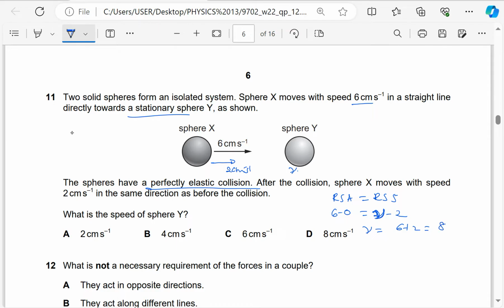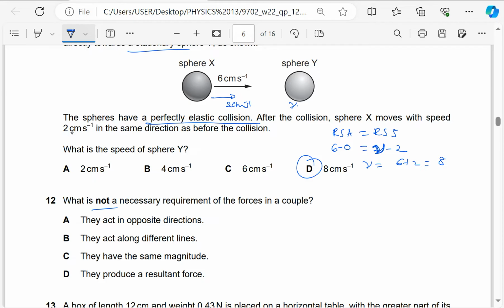I can't say 2 minus V, because when I say 2 minus V, yet sphere Y is in front of sphere X, it would mean sphere X is moving faster than sphere Y, yet sphere Y is in front. So it is going to be V minus 2. So this gives me 8.